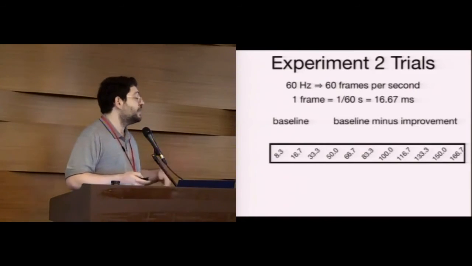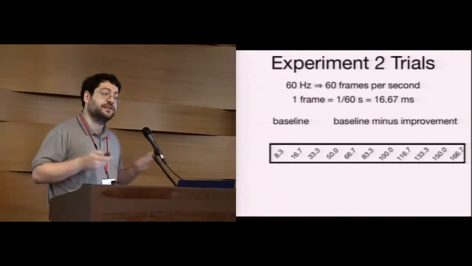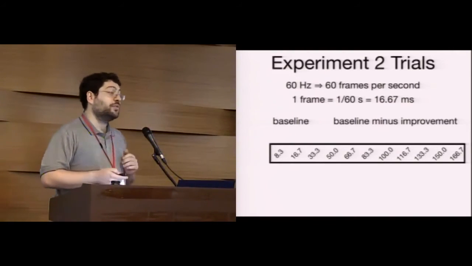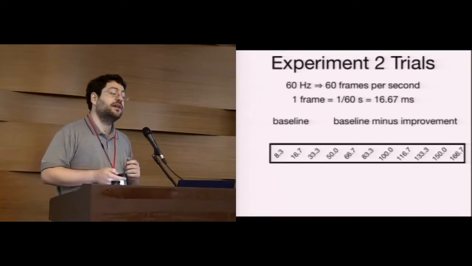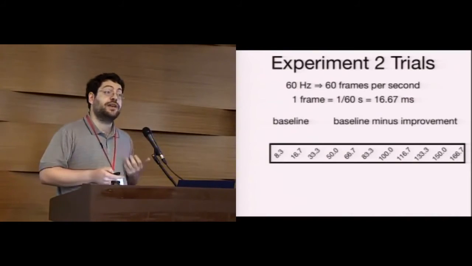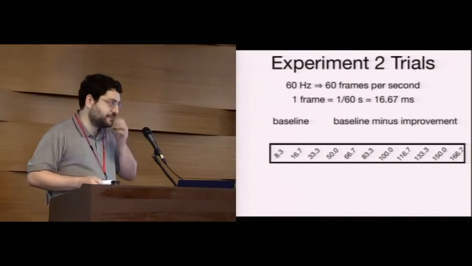Then we had 2 frames of latency, 33 1/3, and so on, all the way up to 10 frames of latency at 166.7. You'll also notice 8.3, so that's half a frame of latency. And we put that in order to measure the impact of a 120 hertz system, which are also widely available in the consumer space.